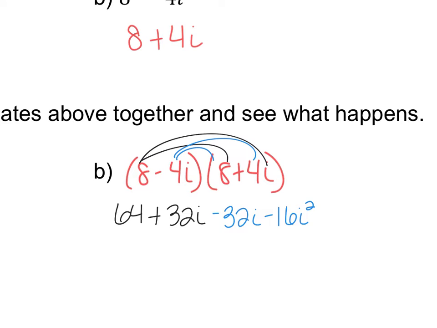Okay, and I'm going a little fast, so if you need to rewind the video, go ahead and do that and watch it again, but I'm going to keep going fast to save time for the video. So positive 32i and negative 32i cancel. Negative 16i squared, well, i squared is negative 1, so this becomes positive 16. So now I have 64 plus 16, what would that be? I think 80.